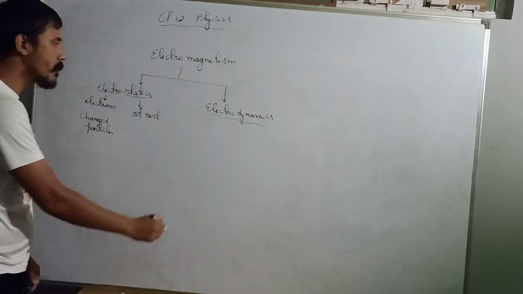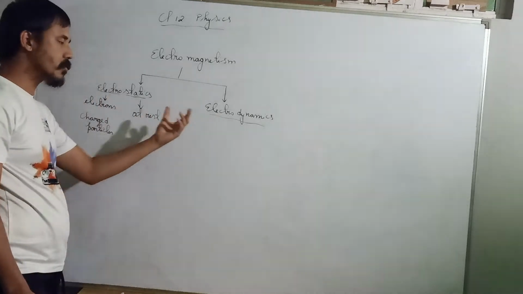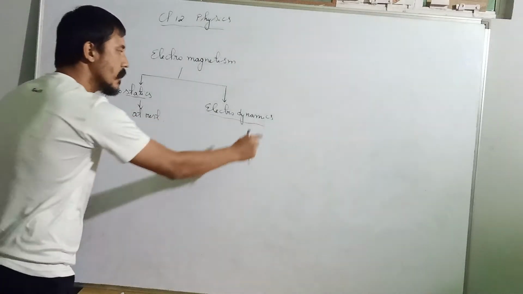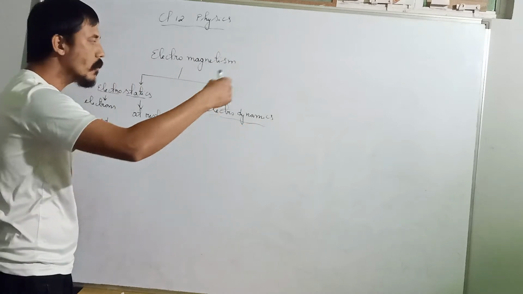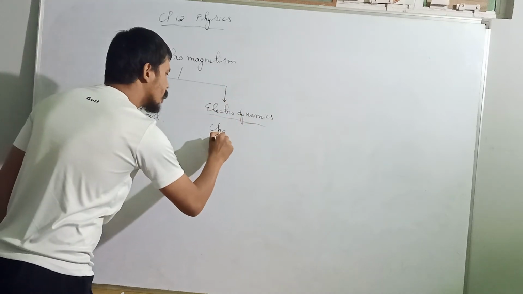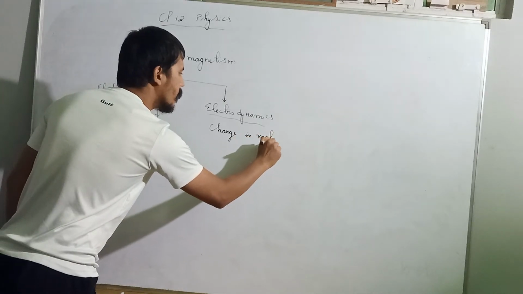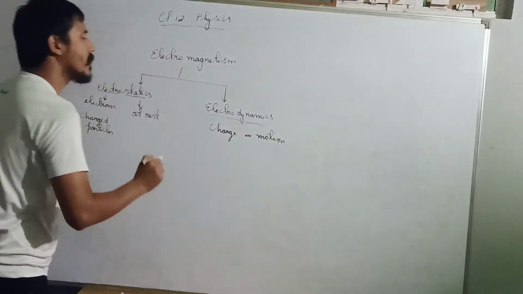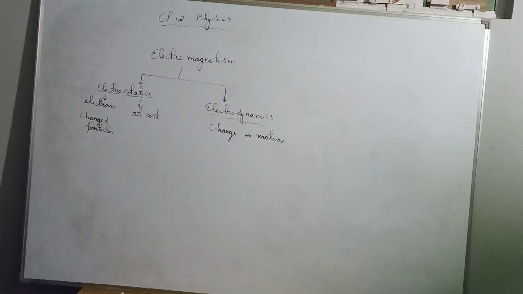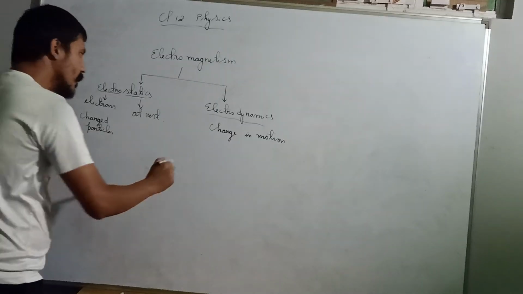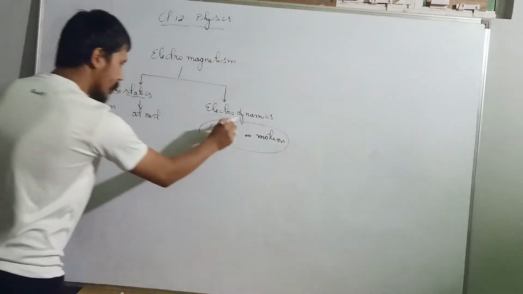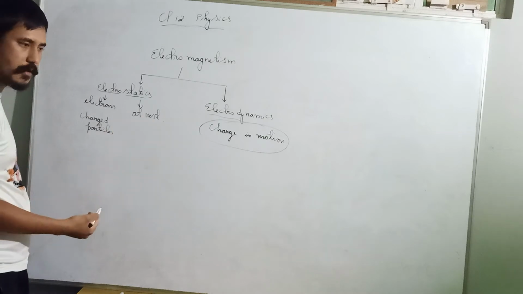And electrodynamics. Electro means again the same, electric charge or charged particles. Dynamics means in motion. So charge in motion is known as electrodynamics.